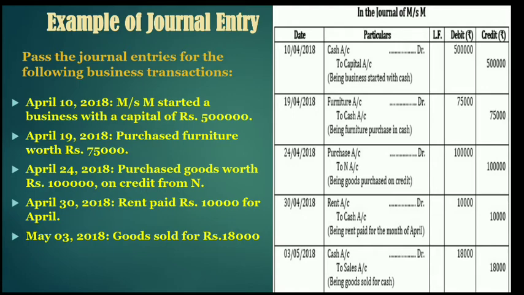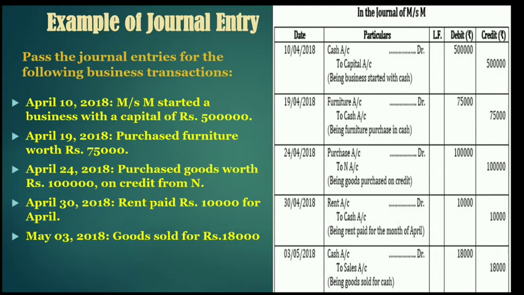Now it is credit from N, so you have to write the name of that person, N account credited. How much? 1 lakh. So debit 1 lakh to purchase account, to N account credit 1 lakh. The reason being goods purchased on credit.